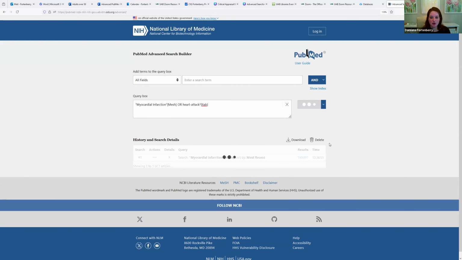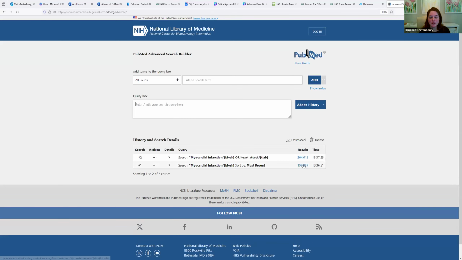So I can add that to history. And you can see the difference in results when you try different things with your search. That's just one concept, just an example. We just added one thing, and it broadened the idea of what myocardial infarction is, how it's talked about in articles. So that means we got more results, which makes sense. But I really wanted to show you the automatic term mapping.